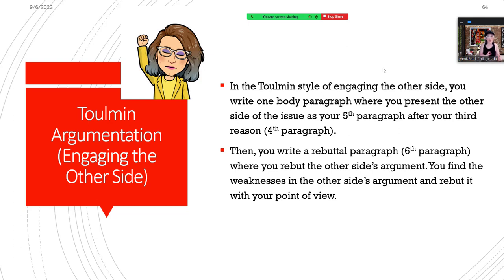You can do Toulmin, where you simply state the other side and then you state your side. Here you can write a counter-argument paragraph where you talk about the other side and then you rebut the other side. Toulmin is used a lot in presidential debates, where, for example, President Clinton will say, I am for DACA and I will provide a path of citizenship for immigrants.